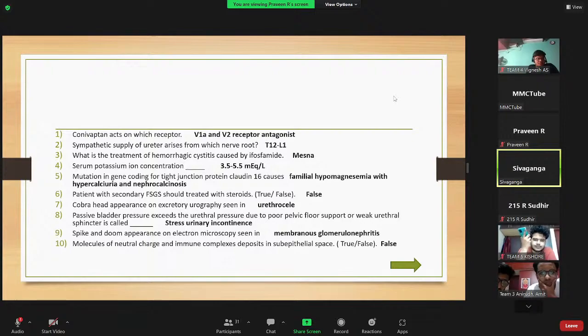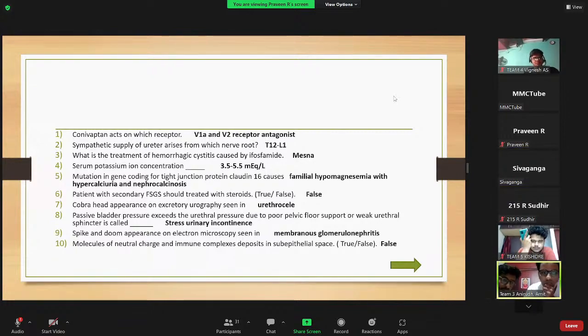Like Praveen, will you give marks for this or not? Hello, we can give for that. Okay. 10th one is false, you said true. So you answered 5 questions. You get 50 marks.